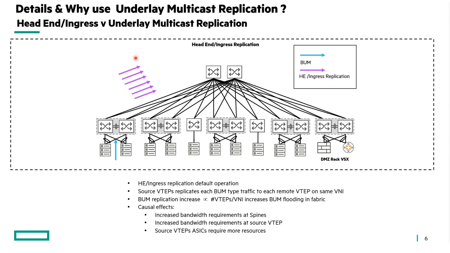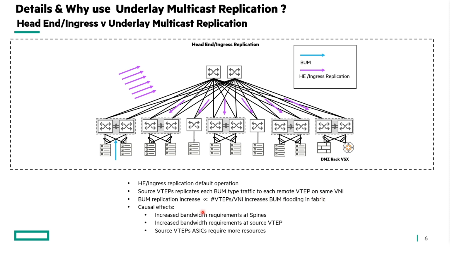In our case, we have 6 VTEPs in the same L2 VNI, which means 6 packets encapsulated at the source VTEP. Finally, the spines replicate the packets to each VTEP. BUM replication increase is proportional to the VTEP/VNI increases, which increases BUM flooding in the fabric.